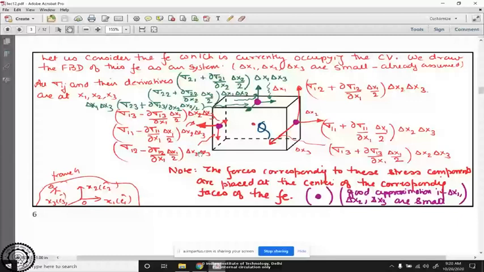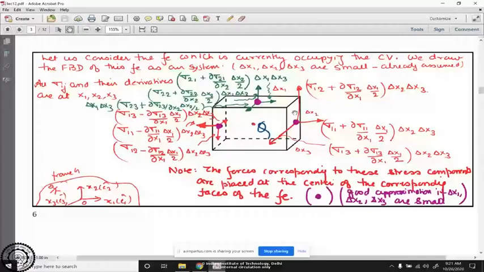Area is the same, delta x2, delta x3. But pay attention to this detail: the directions of forces acting on the left face are drawn in the opposite direction, as the directions of forces are opposite compared to what we had on the right face.